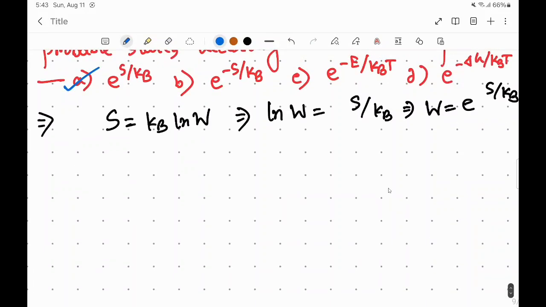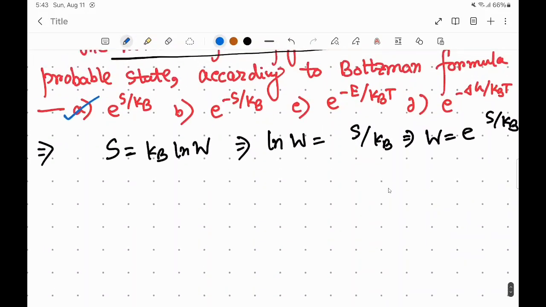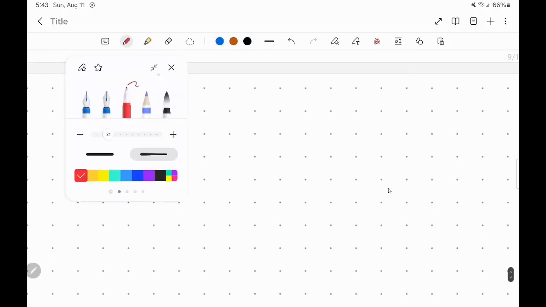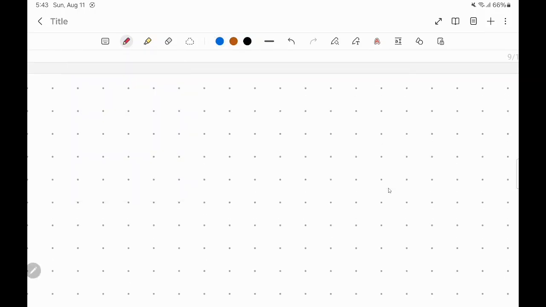Very easy, but you have to think, because only entropy is related with W directly. Not energy, not Gibbs energy, nothing.